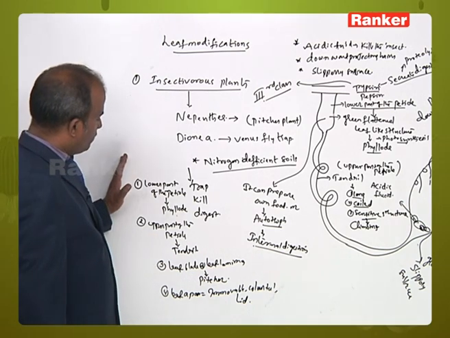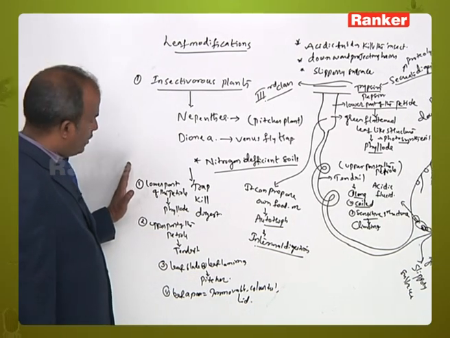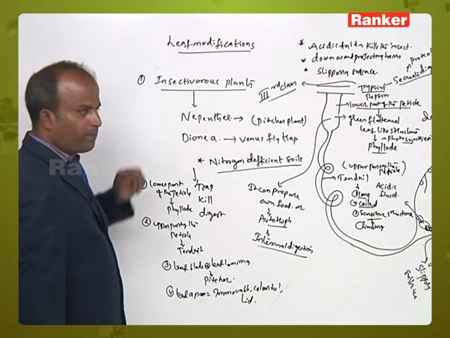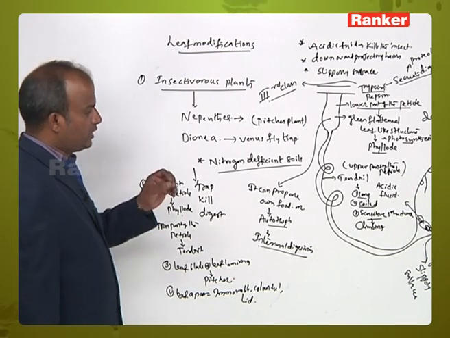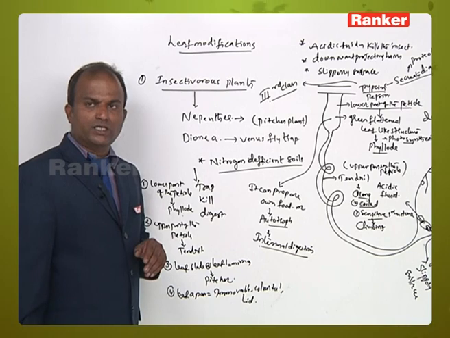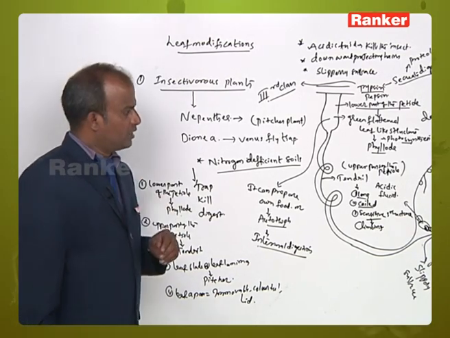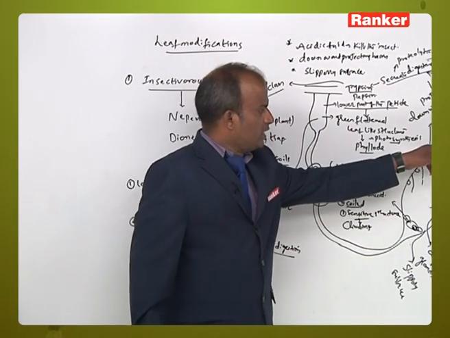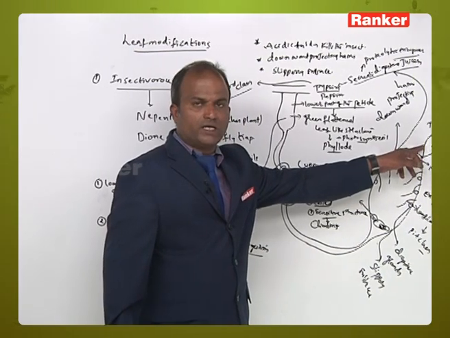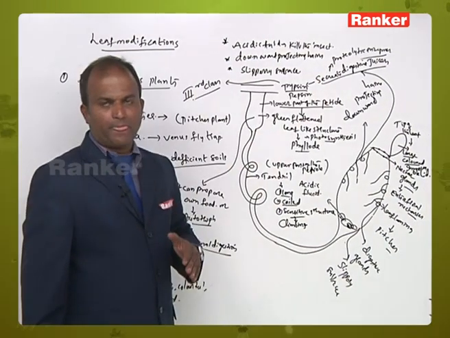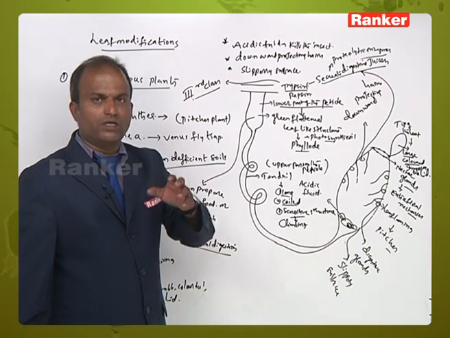Can you tell me, arrange these parts of the modified leaf of Nepenthes in descending order, that is, from apex to the base.